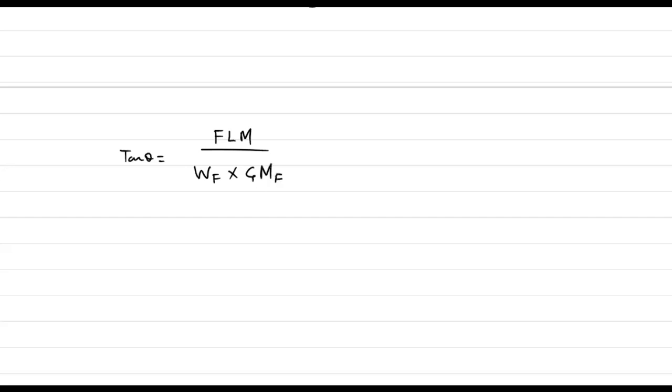So we need to calculate the final list moment, that is the algebraic sum of list moments. If it is port, it adds to port; if it is starboard, it adds to starboard; if there is port and starboard, both are subtracted and the larger one remains. For WF, there is no problem. If you are loading, you will add. If you are discharging, you will subtract. If you are shifting, you don't do anything.